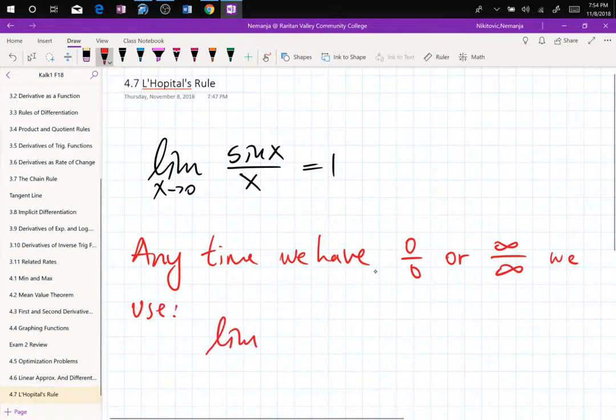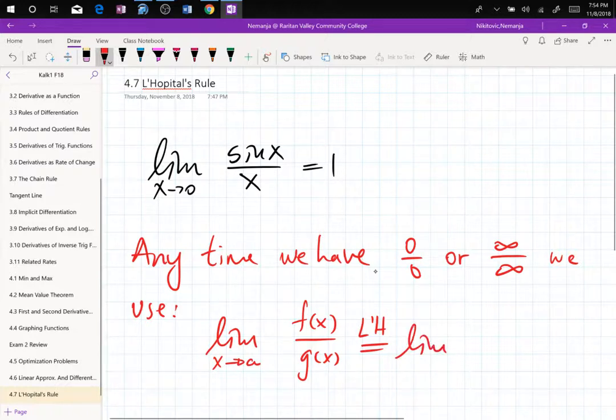Limit as x goes to a of f of x over g of x, by L'Hopital's rule, will have the same value as limit x goes to a of f prime of x divided by g prime of x.